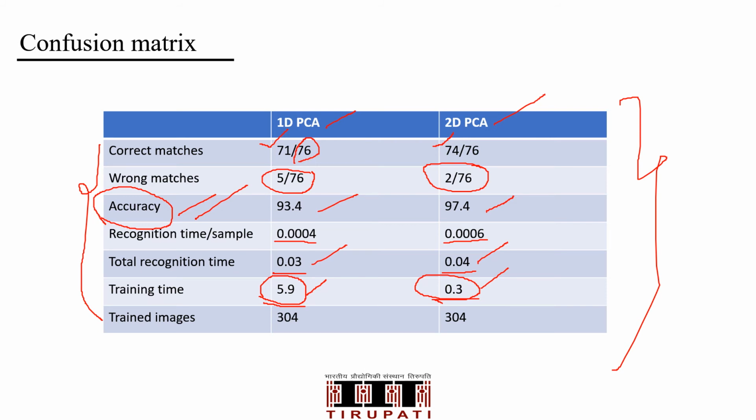With only one result, we cannot say that the training time for 1D PCA is more and for 2D PCA is less. So for that, we have changed the parameters like the number of trained images, and we have come to a conclusion. Now let's see them.